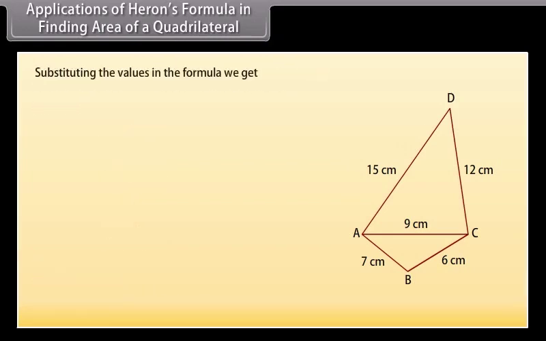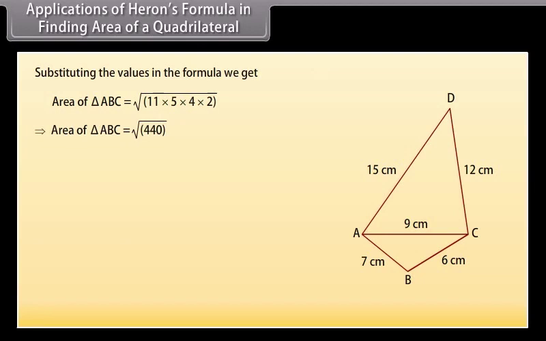By substituting the values in the formula, we get area of triangle ABC is equal to square root of 11 into 5 into 4 into 2, which implies area of triangle ABC is equal to square root of 440, which is 20.98 centimeters square.